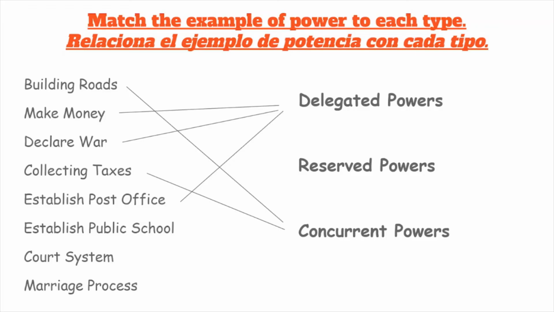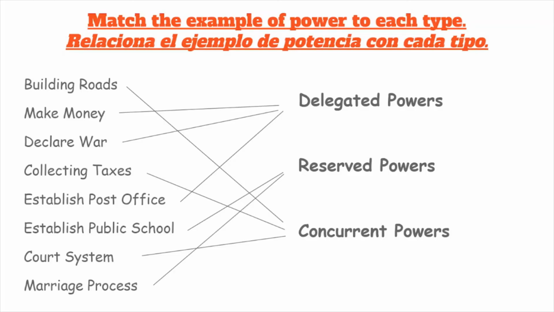Establecer la escuela pública. This is a reserved power. A court system, sistema de corte. This is a concurrent power. And finally, the marriage process, el proceso de casar. This is a reserved power.